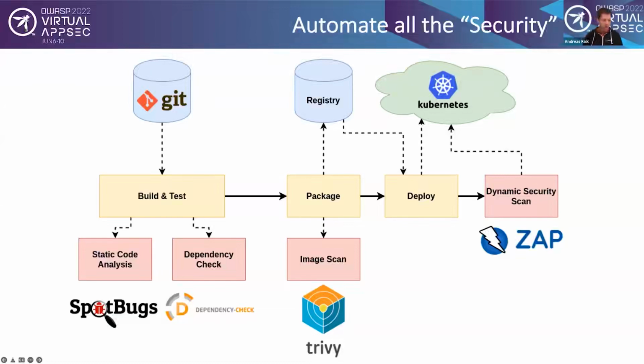So automate the static code analysis, automate the dependency check as part of your CI/CD pipeline, and then also do a container image scan with Trivy, for example, as an open source tool if you're using containers, and also Kubernetes stuff like that. Then you put the image into the registry, then you deploy that to a Kubernetes cluster, and then you have the running application. And then you can conduct a dynamic security scan using OWASP, for example, as shown.